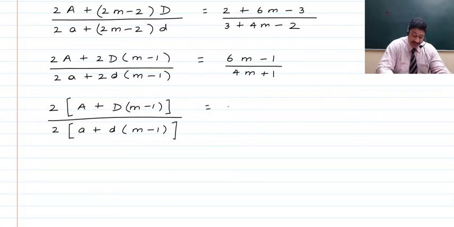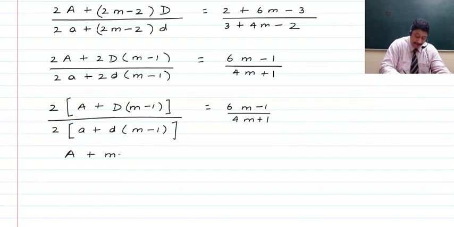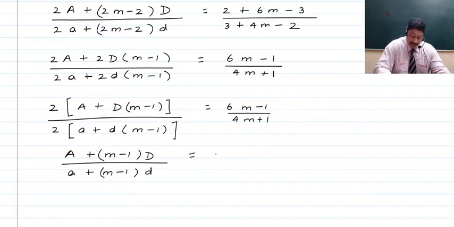And this guys is equal to 6m minus 1, which is divided by 4m plus 1. And if you further write this, both of these 2's will get cancelled, and then we will get a plus m minus 1 times of capital D, which is divided by small a plus m minus 1 times of small d, and here the ratio is equal to 6m minus 1, divided by 4m plus 1, right?